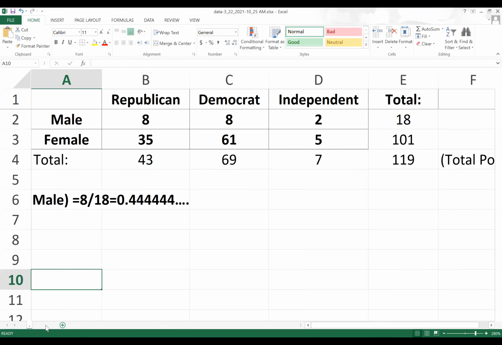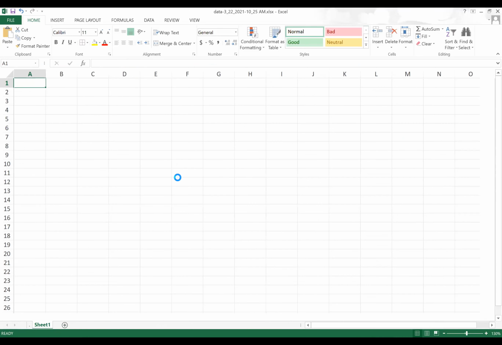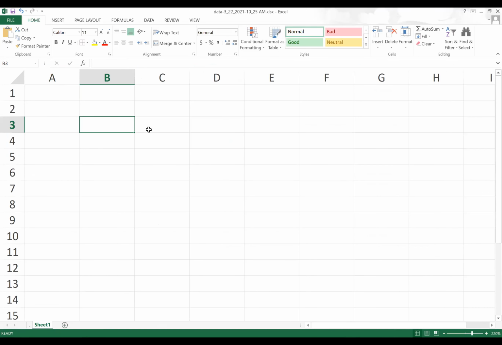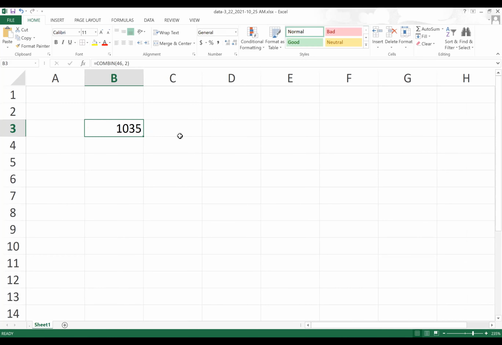I'll share the screen. This function represents combination. The total number is 46, pick 2 out of 46, and then we get 1035. That's the answer.